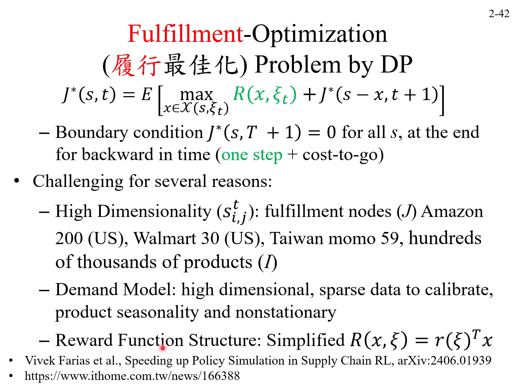And you have different reward function structures. So we try to simplify the reward so that the problem is manageable. This is one structure, linear: this is the revenue times the quantity.